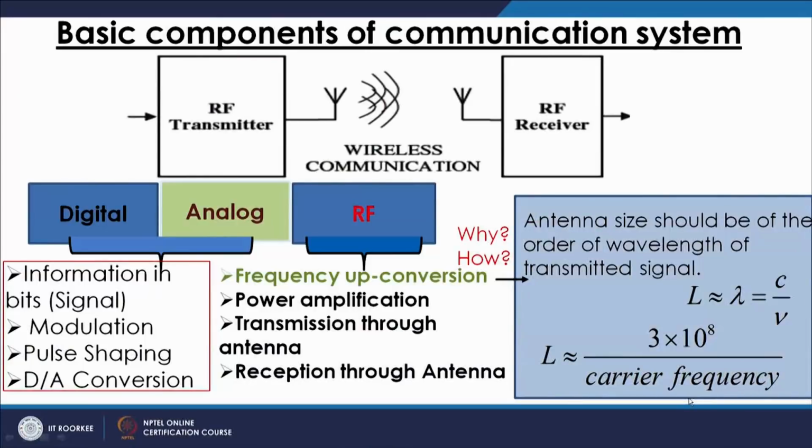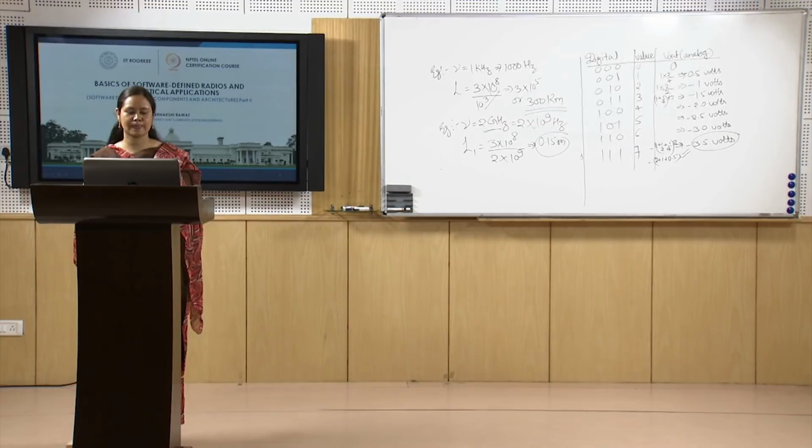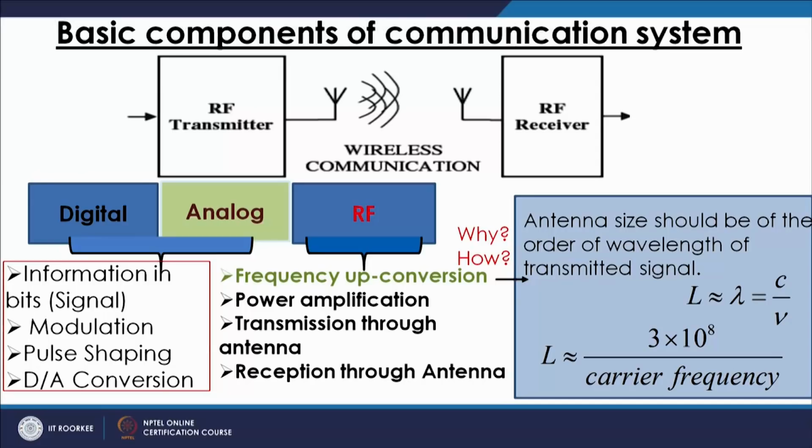Another point here is that we do require higher carrier frequencies, but how to choose those carrier frequency values is decided by regulatory bodies. We just can't use any frequency for the transmission of the signal. We actually have to have some criteria decided that you can only transmit on this frequency.